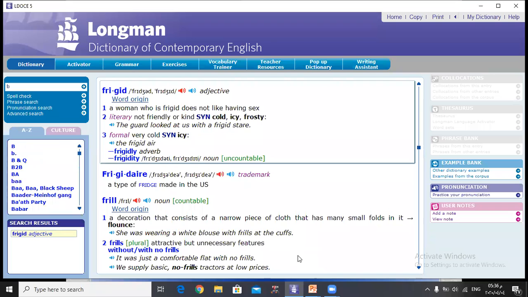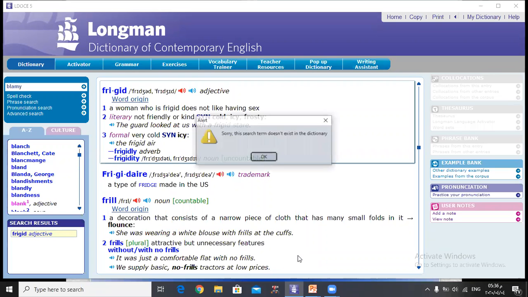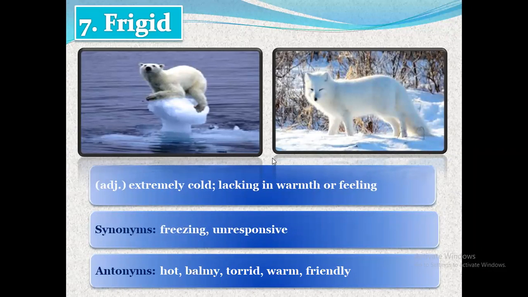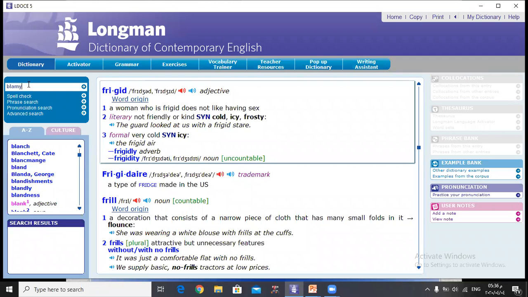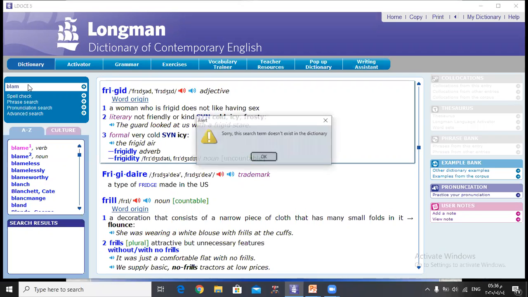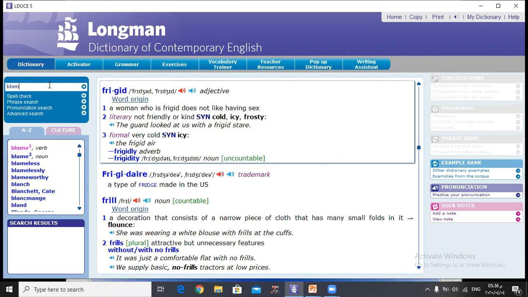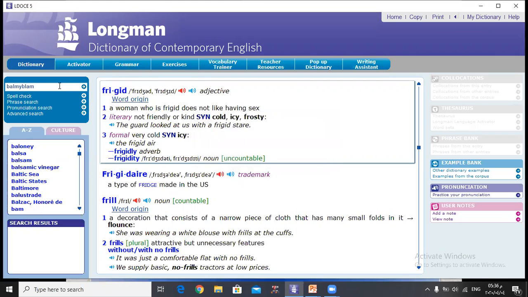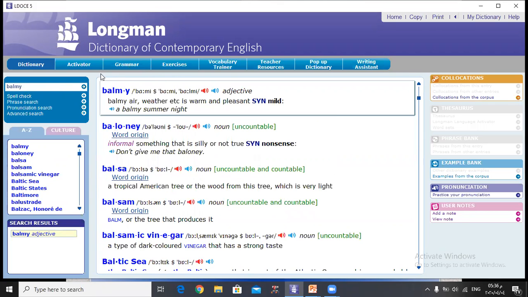So let's write down the word balmy. Balmy means what?